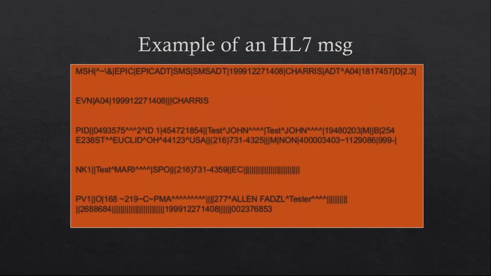The first 3 letters indicate what that segment is for. Each segment is separated with the help of a carriage return. A carriage return cannot be seen in normal Notepad. You will be able to see that in Notepad plus plus.